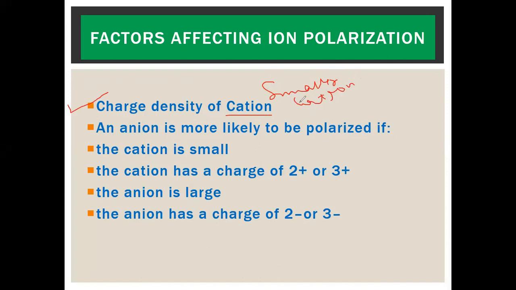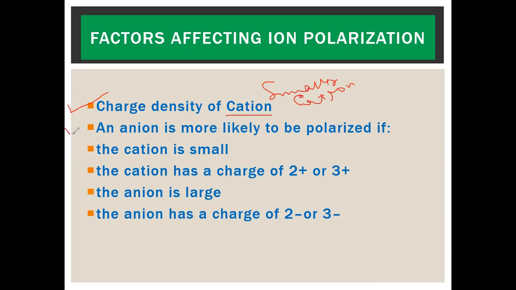So smaller cations have more charge density, which means they will show more attraction on the electronic cloud. More distortion, more disintegration, and it will cause less stability. Absolutely right. So please grasp this concept.